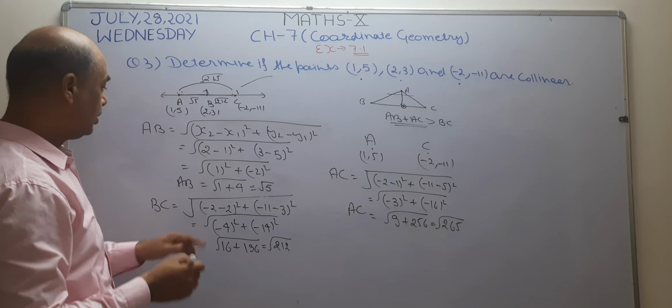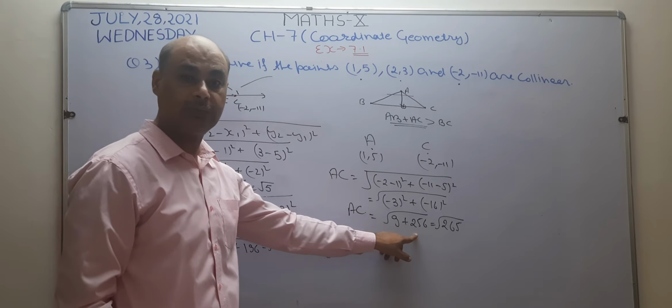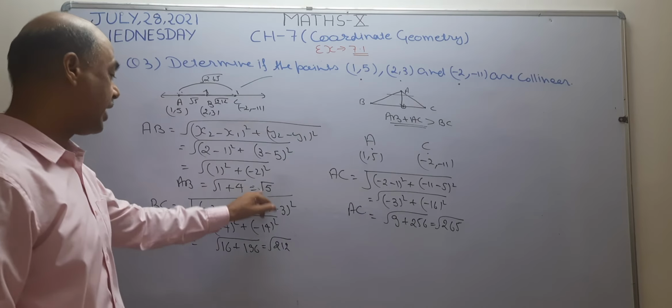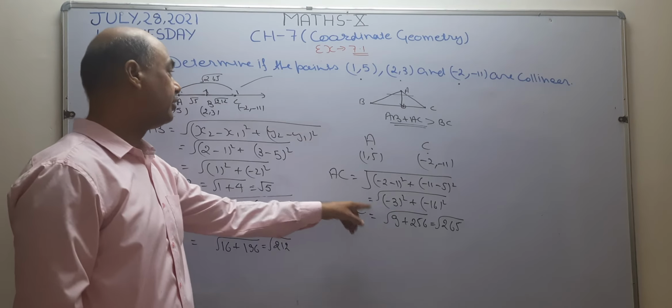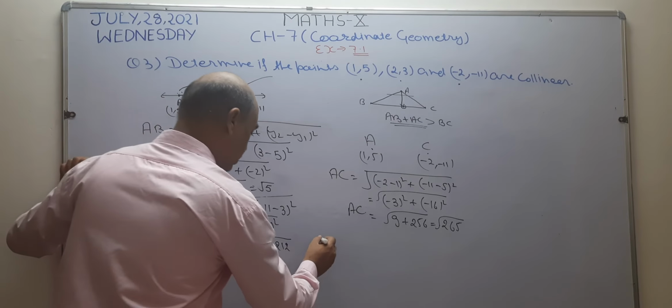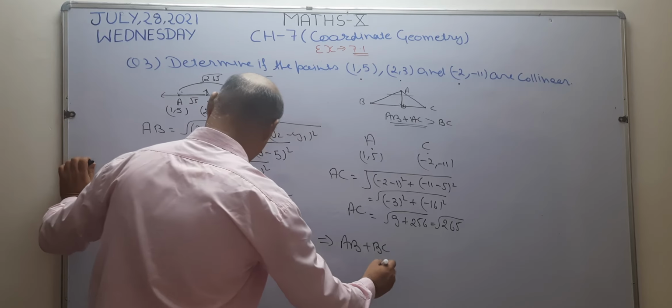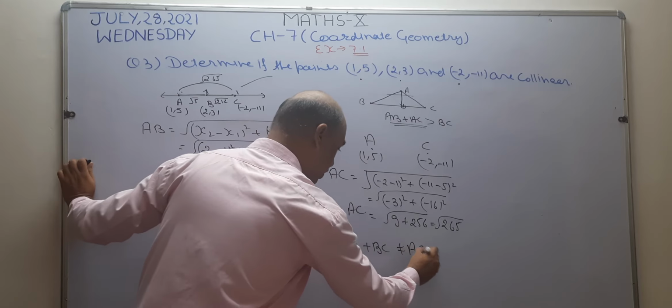As you know, the sum of these 2 sides is not equal to the third side. Therefore, the given points are not collinear. So you can write here: this implies AB plus BC is not equal to AC.